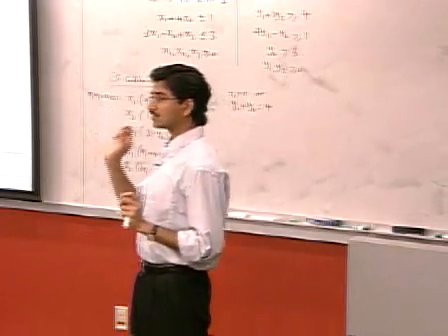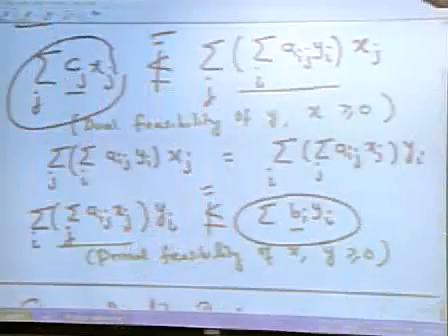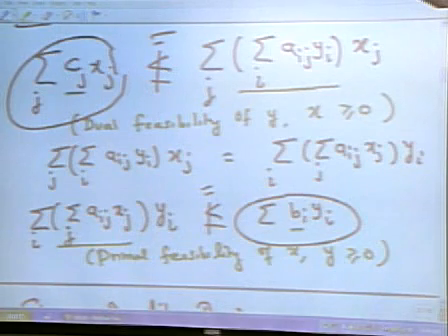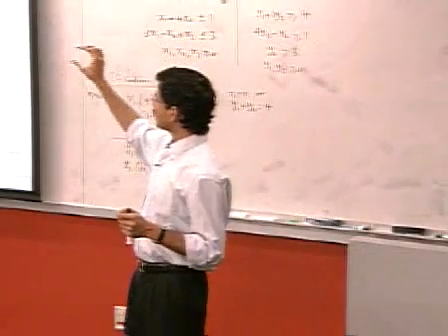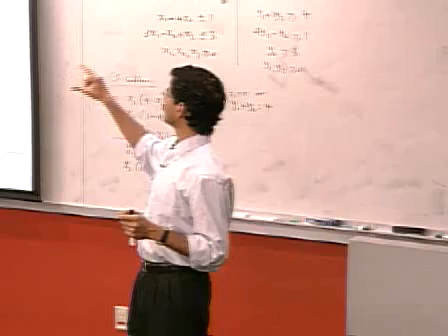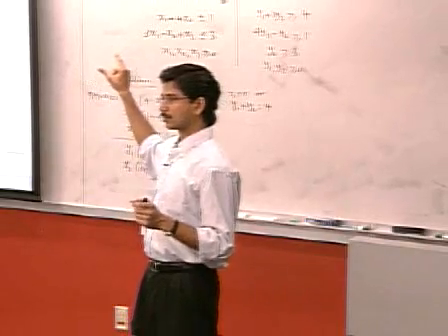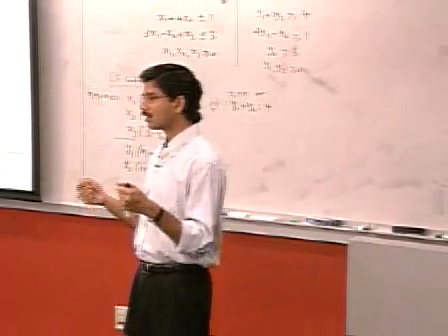But remember that cj is always going to be at most summation aij yi, because that's the dual feasibility. And therefore, you just need the non-negativity of the x's for that inequality to hold. And every term, the jth term on the left-hand side, is dominated by the jth term on the right. Okay? And therefore, for them to all add up to the same, every term has to be equal.